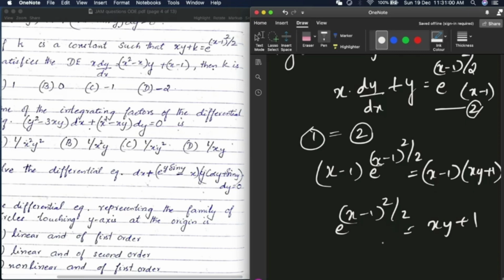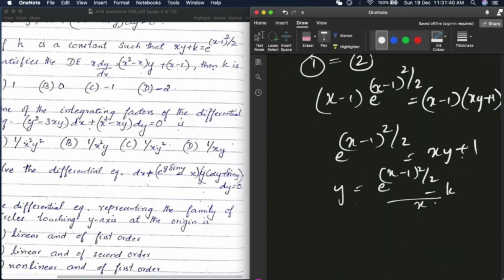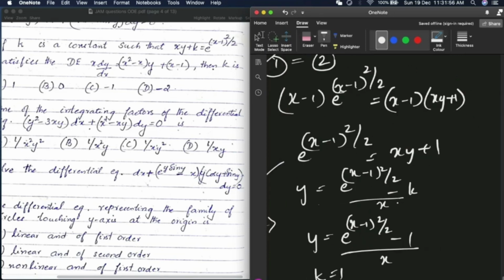Correct, k equal to 1. From here I get y is equal to... you have to just compare also.